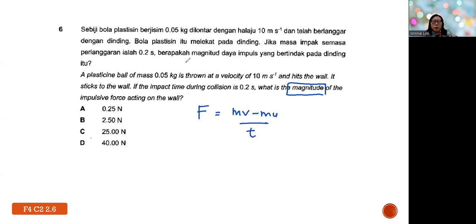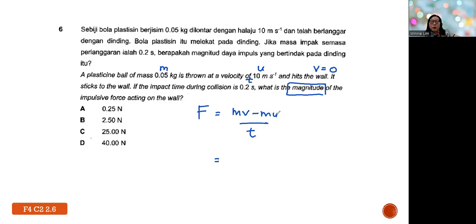So you go through the statement and label the quantities first. Mass m thrown at a velocity, so this is the initial velocity, and it hits the wall. When it hits the wall, that means your final velocity is going to be 0. Then this is the collision time.